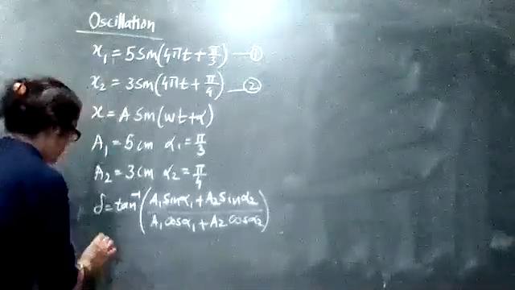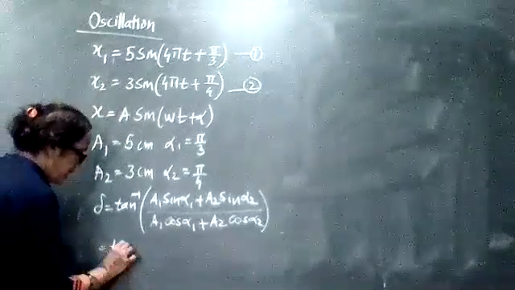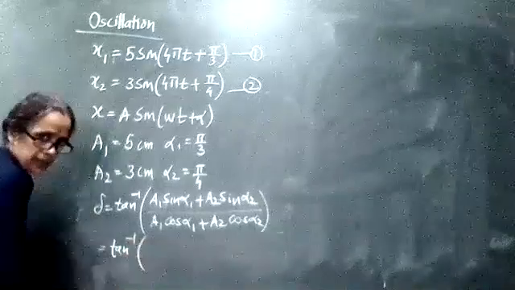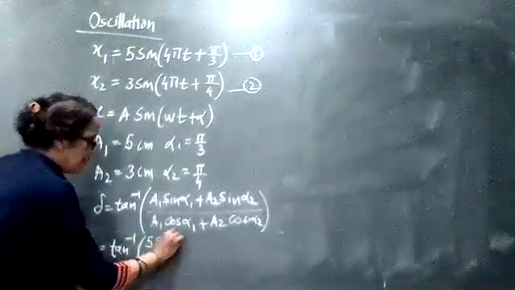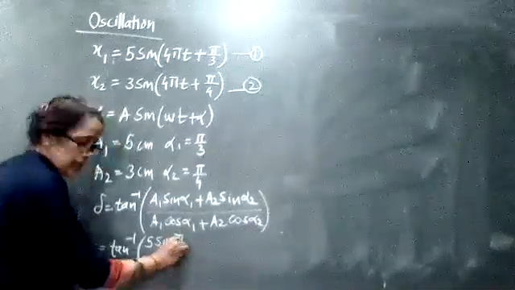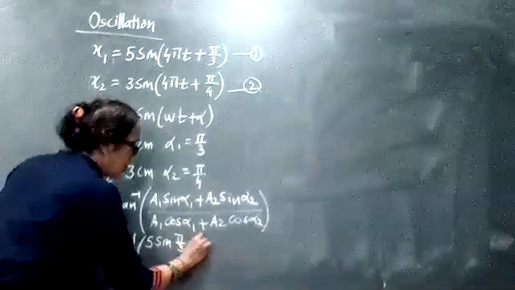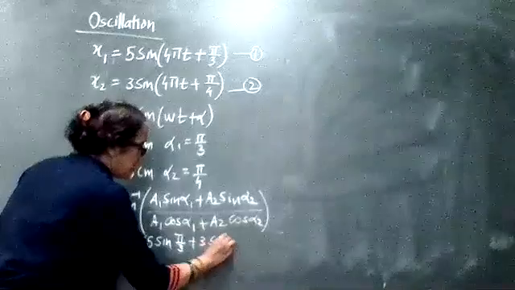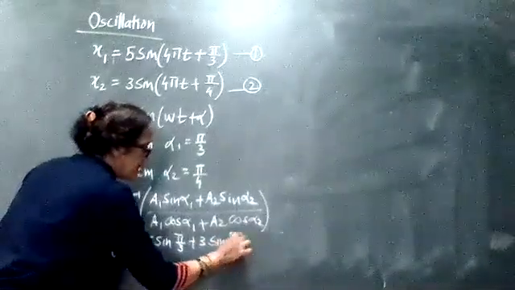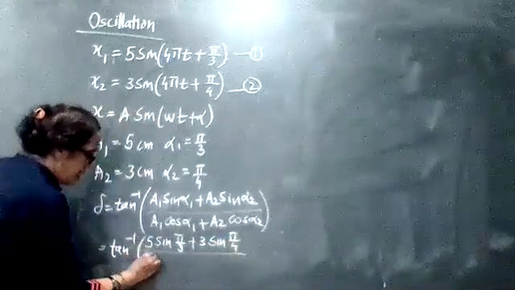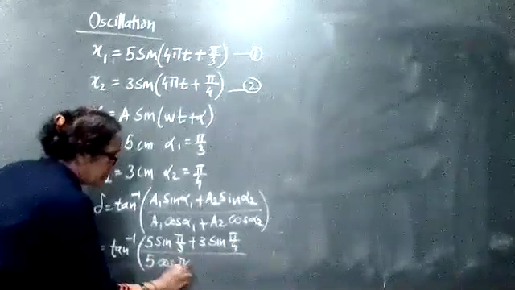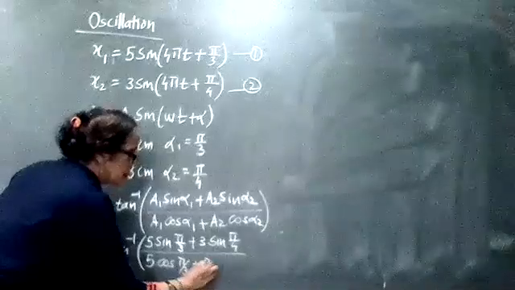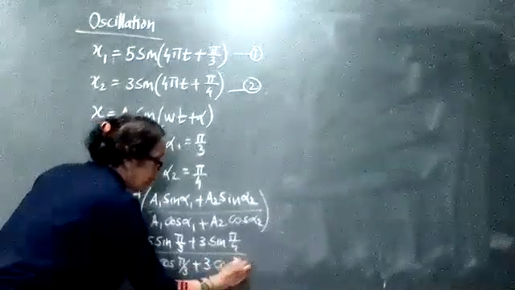So what I will say here, it is equal to tan inverse in bracket A1 value is 5 sin alpha 1, alpha value is 5 by 3 plus A2 value is 3 sin alpha 2 value is 5 by 4 divided by, again A1 is 5 cos of 5 by 3 plus A2 is 3 cos of 5 by 4.